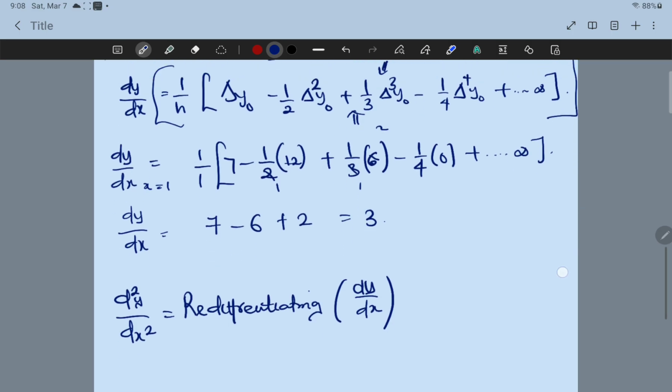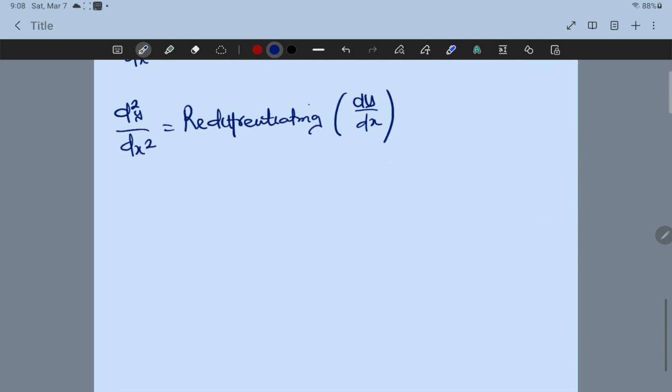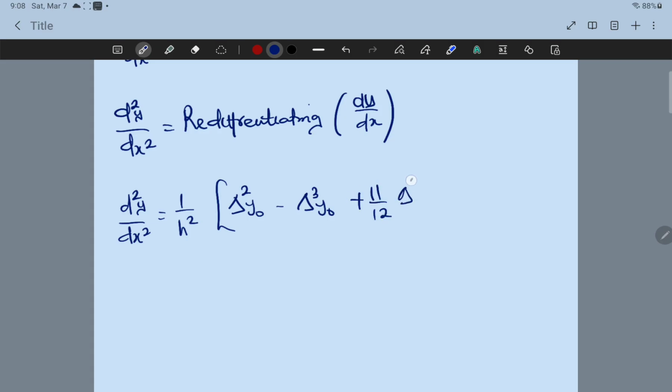So when you differentiate that formula, you're saying the d squared y over dx squared is equal to 1 over h squared into bracket delta squared y0 minus delta cubed y0 plus 11 over 12 delta 4 y0 plus, as we approach infinity. You might want to write these formulas down in case you see questions like this.